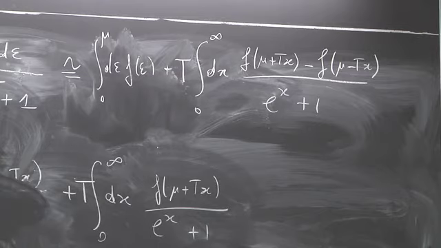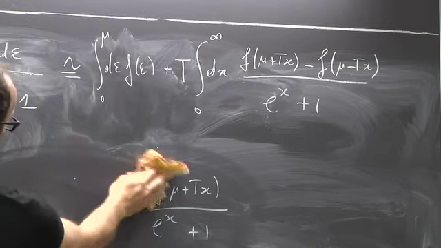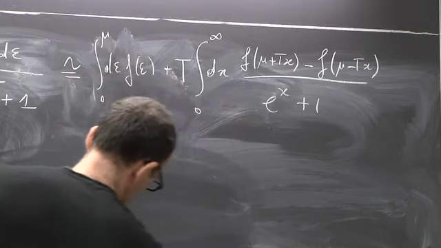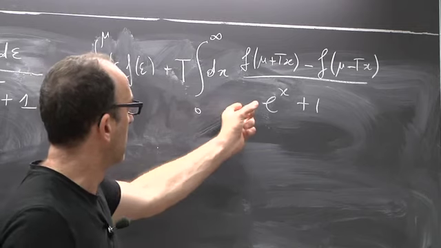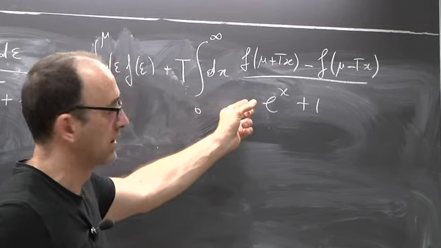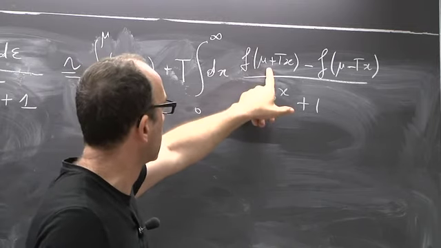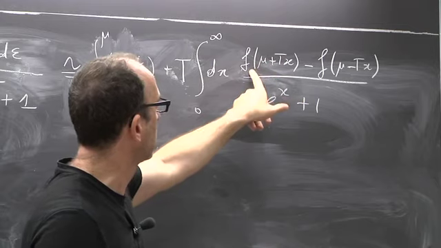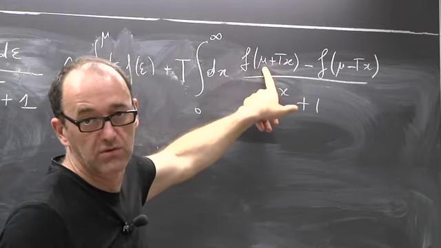And now the last thing is that you can see, in this integral for small t, what matters is really the behavior of this function f around mu.